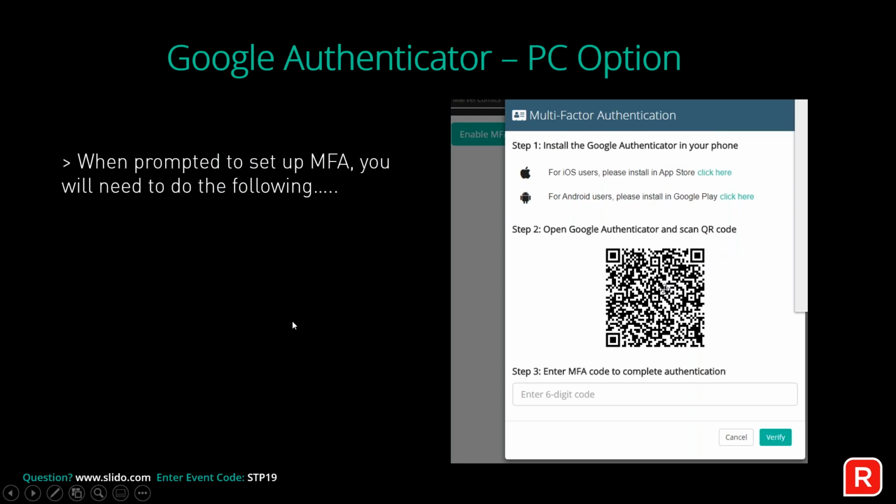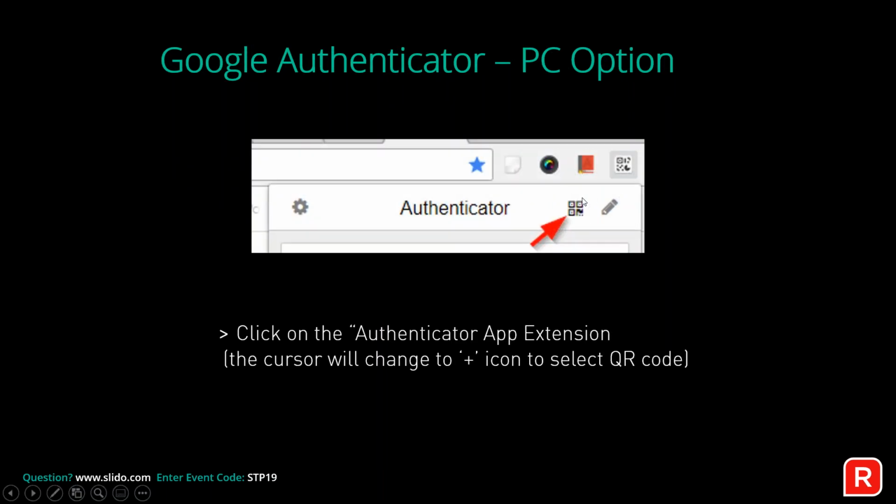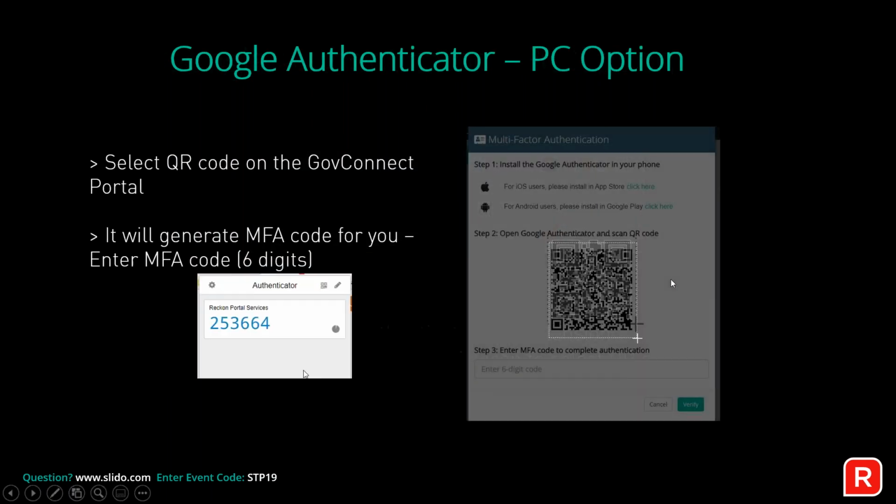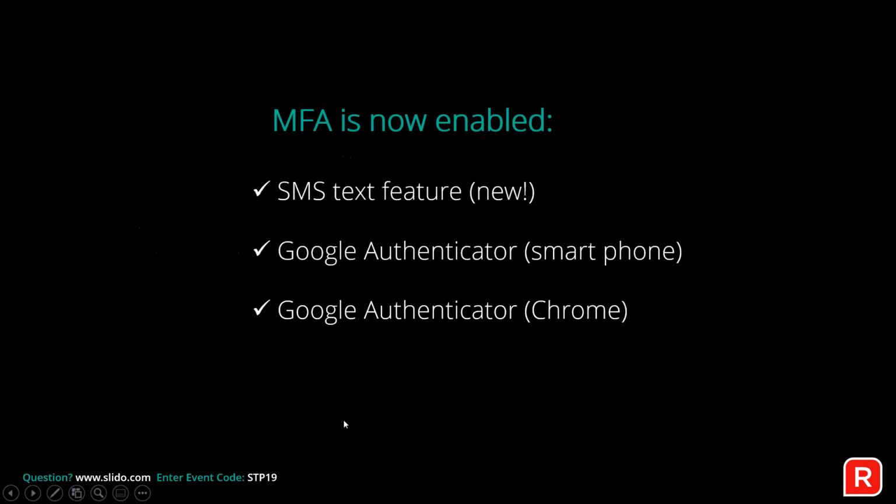And when you log into GovConnect and when prompted, what you'll need to do is click on your Authenticator symbol in the top right. Select the QR code on the GovConnect portal, and it'll generate a number which you can then enter into your step 3 field. So you've got 3 ways of handling your MFA.